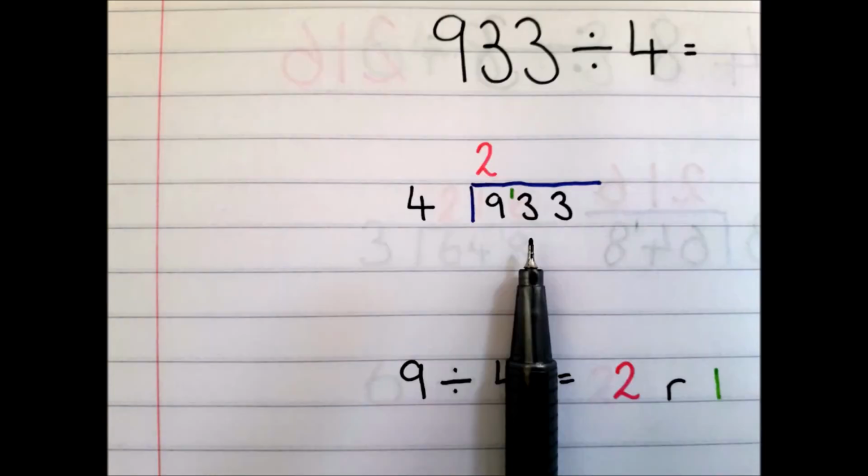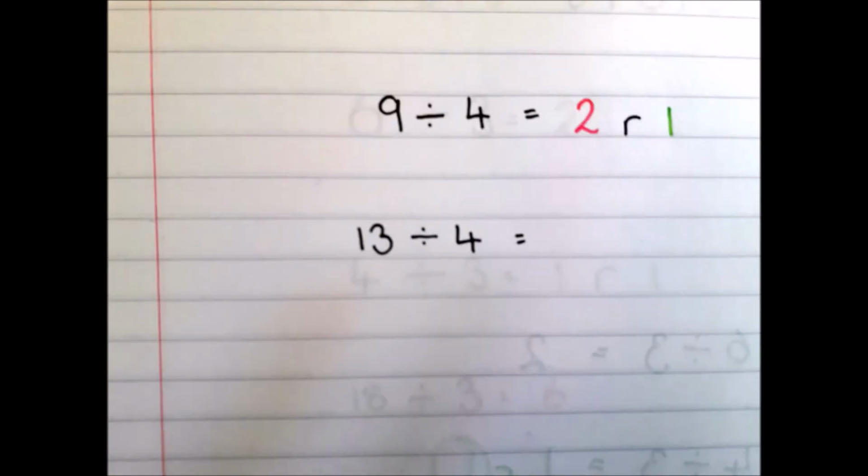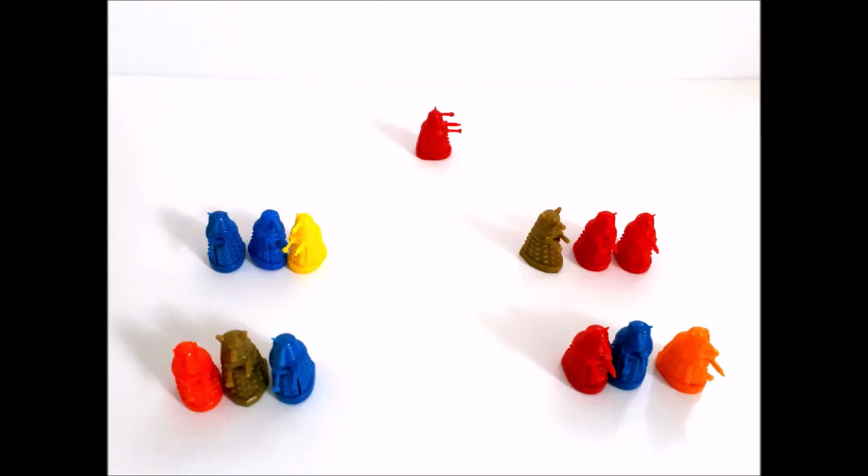We're then going to divide this 13 by 4. That's 13 divided by 4. Here's our 13 Daleks, split into 4 equal groups. There's 3 Daleks in each group and 1 Dalek left over.